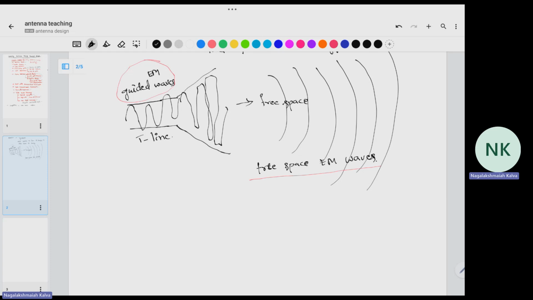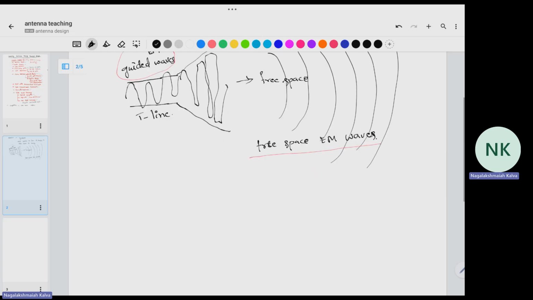So we can define it in one more way, like it is a matching device between a 50 ohm transmission line and free space.